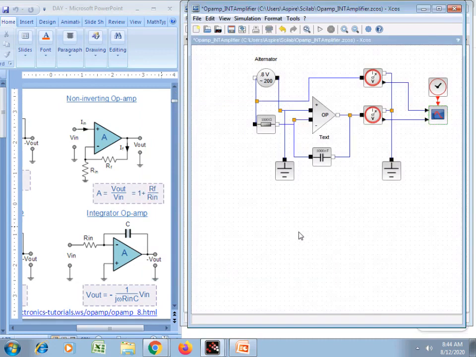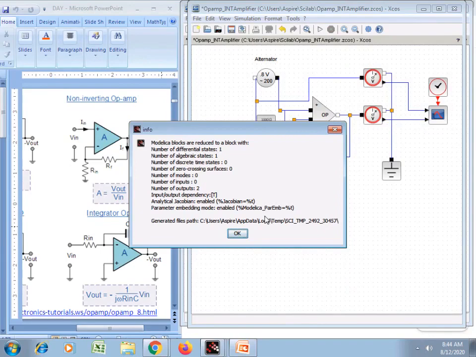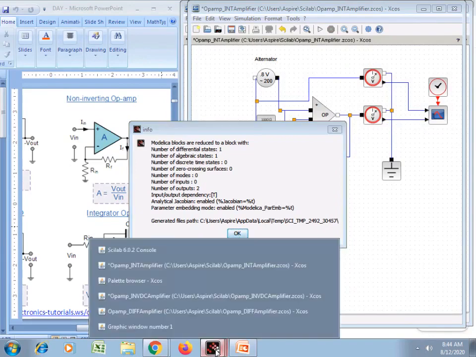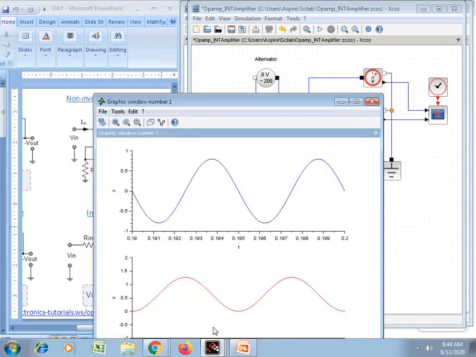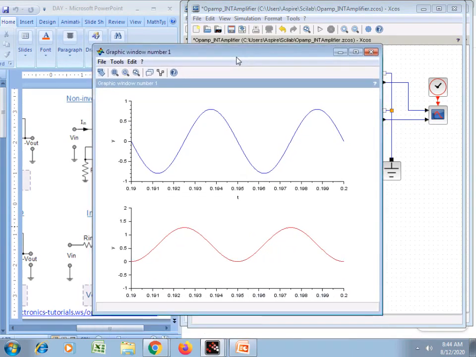Okay, so now it is ready. I will start the simulation. So this is the graphics window showing the output and input. This blue waveform is the input and this red waveform is the output.